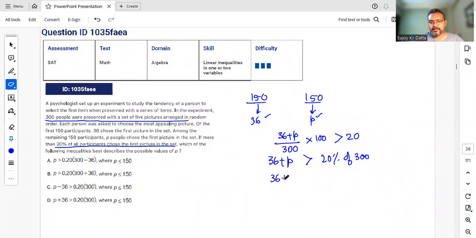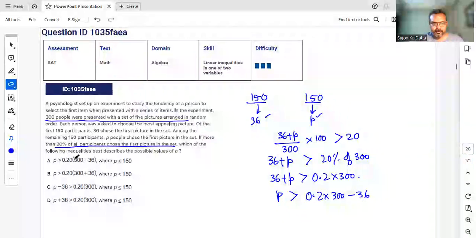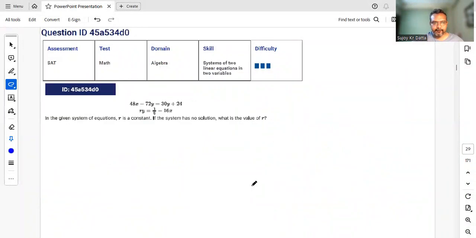So in other words, 36 plus P is greater than 0.2 times 300. So if I look at these options, now you have to solve for P. So P would be greater than 0.2 times 300 minus 36. So 0.2 times 300 minus 36, and that's option D here. P plus 36 is greater than 0.2 times 300. Okay, let's go on to the next.